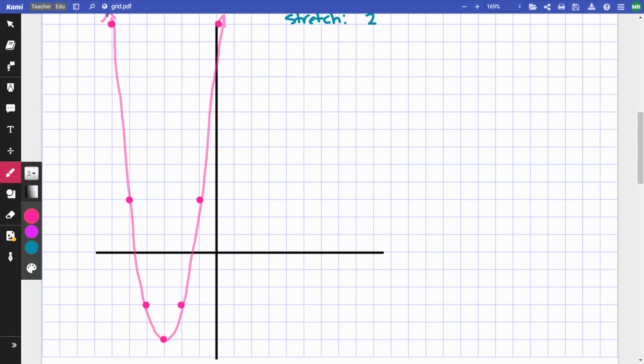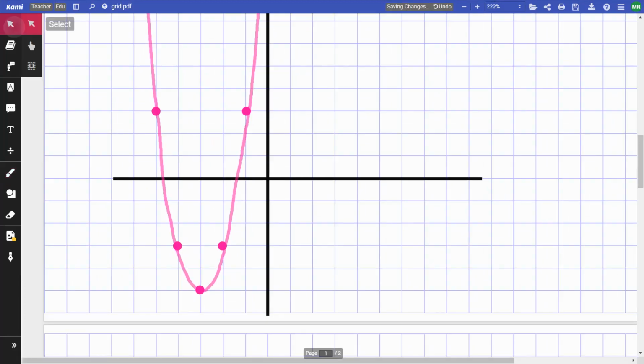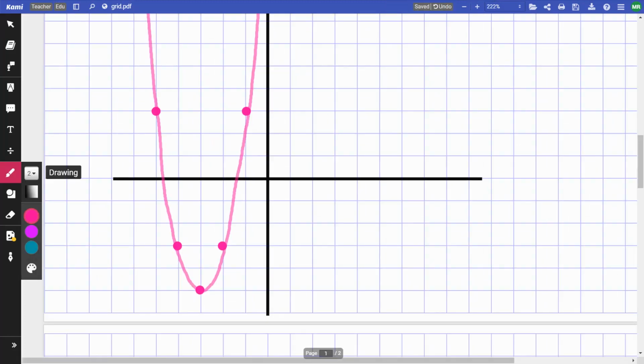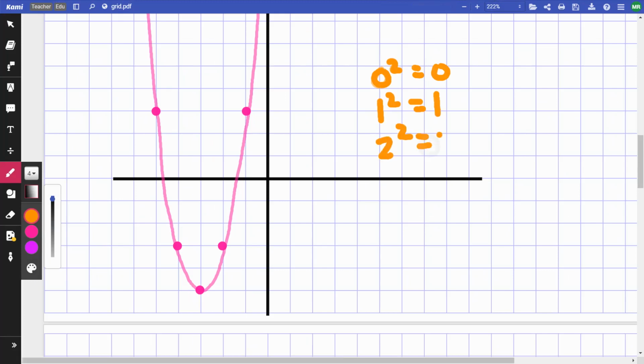Again, when I'm trying to find these values, I'm thinking about just doing a normal parabola, which is 0 squared is 0, 1 squared is 1, 2 squared is 4, 3 squared is 9. That's the heights I should go to.